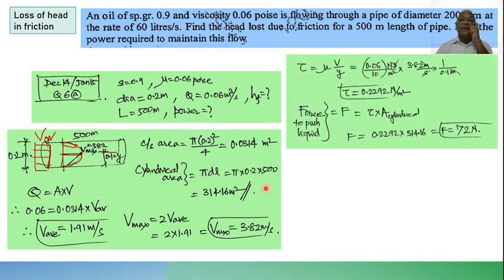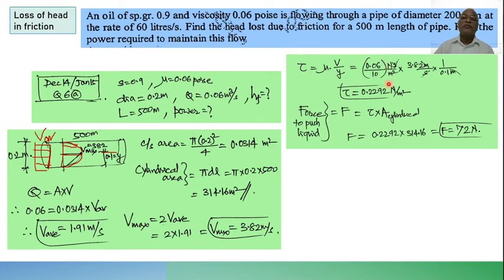Next. Now as I have told you, tau, the shear stress, is given by mu into V by y, or du by dy. You remember that. Now mu I have substituted, it is in poise. You know that 10 poise is 1 Pascal second. Because of that I have divided by 10 so that it is in Pascal second.